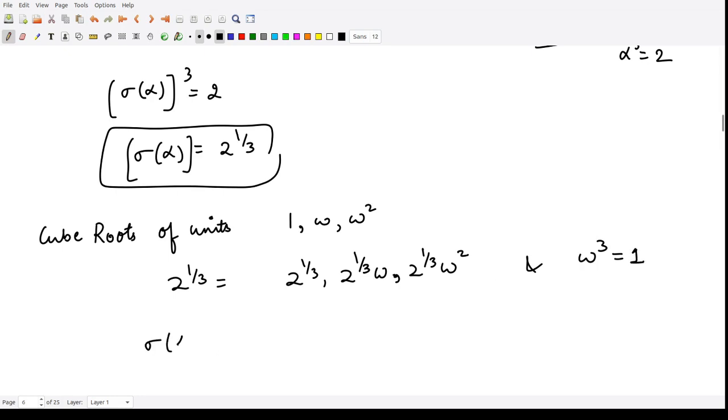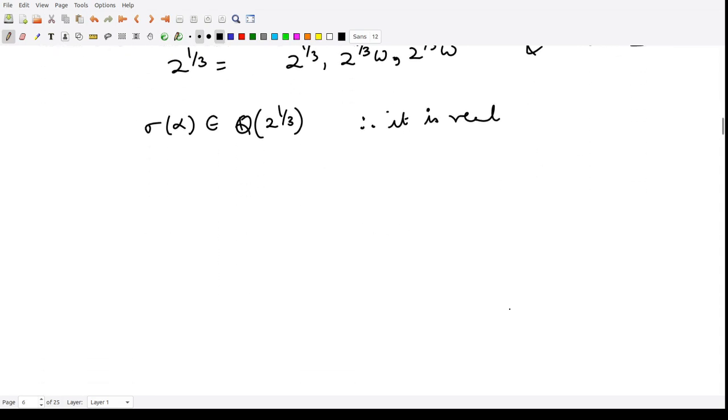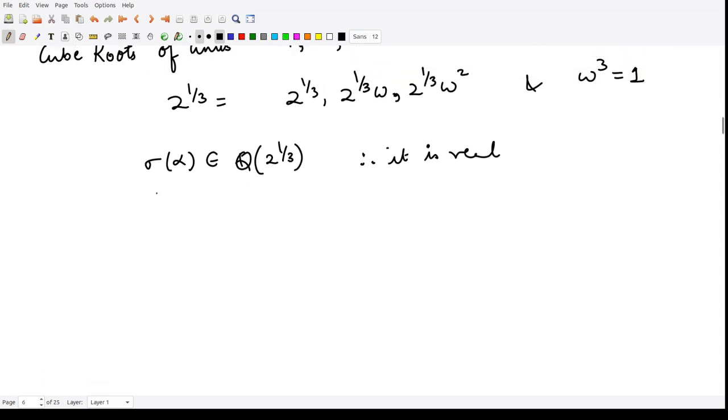But this sigma of alpha belongs to Q(2 to the power 1 by 3), therefore it is real, and out of these three numbers, the omega contains iota, so this is an imaginary cube root of unity.